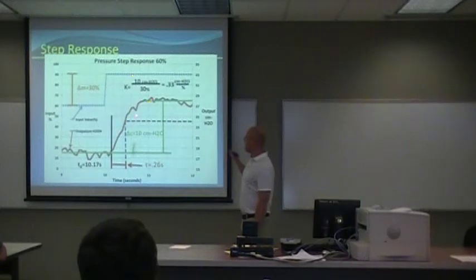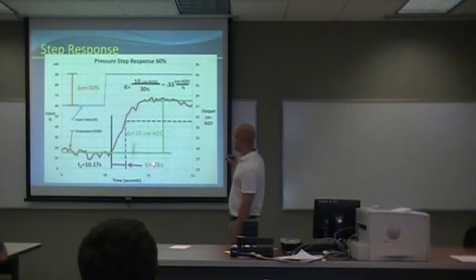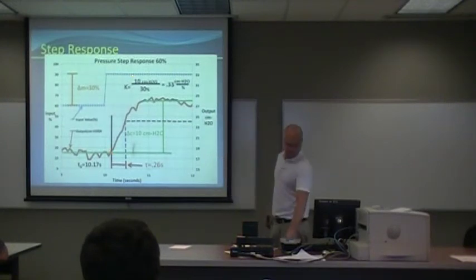I didn't show this in the graph because my graph was getting really busy. So we calculated time constant to be about 0.26 seconds, and our initial time, or dead time, was 10.17 seconds, or 0.17 seconds after the step occurred.